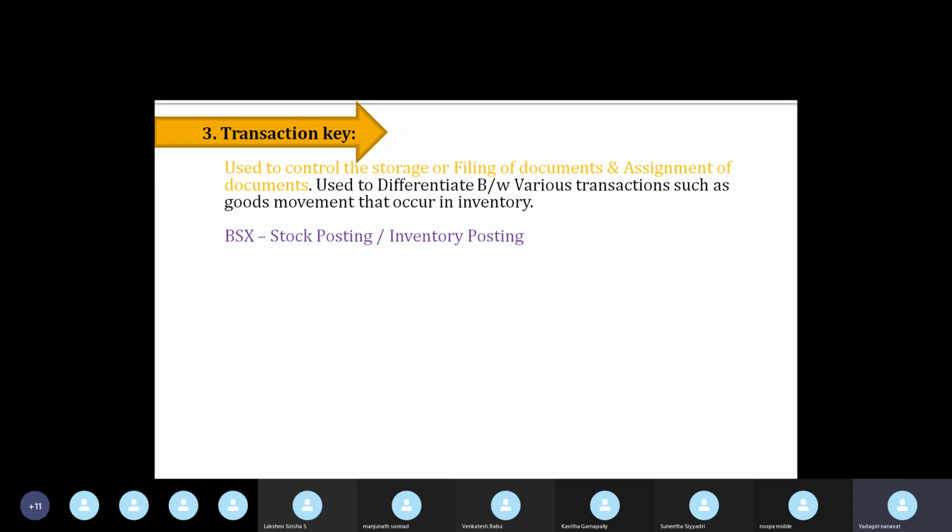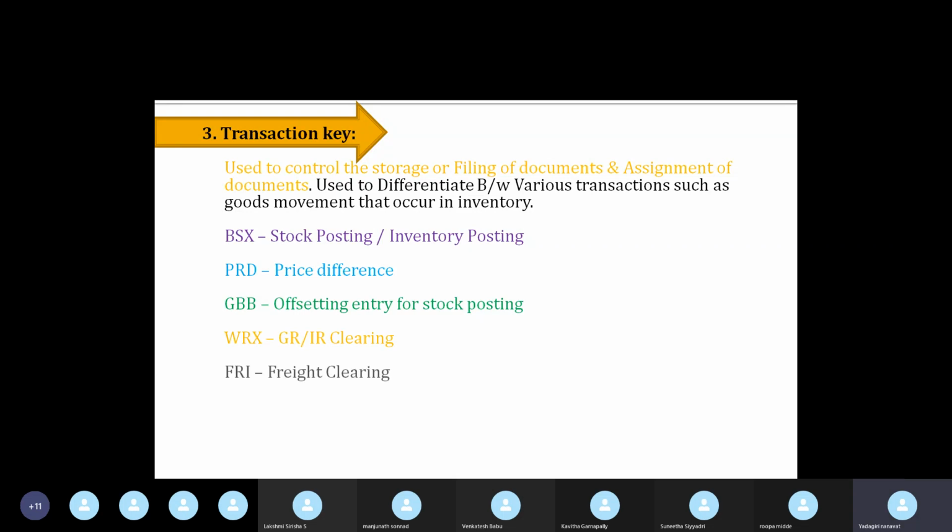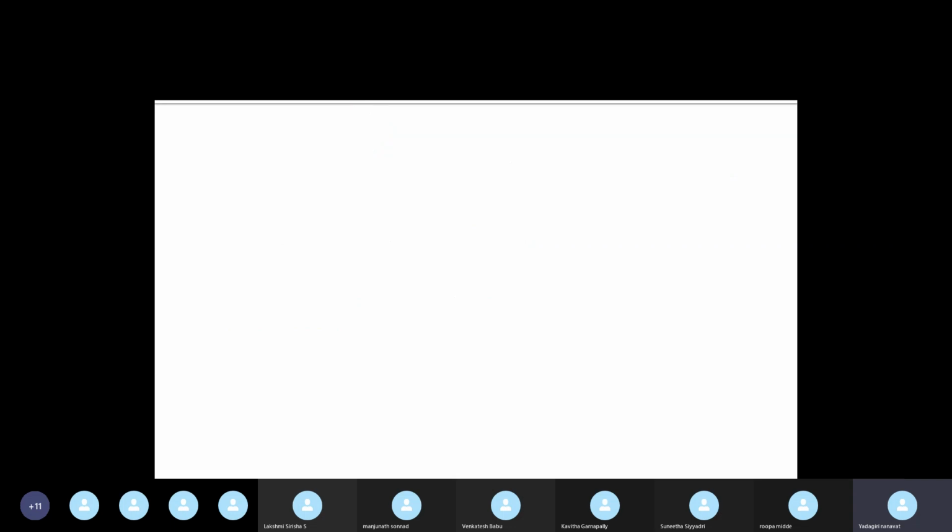For example, BSX, stock posting or inventory posting. PRD, price difference, we will use this key. Then GBB, offsetting entry for stock posting. WRX, GR/IR clearing account key, and FRL, freight clearing.